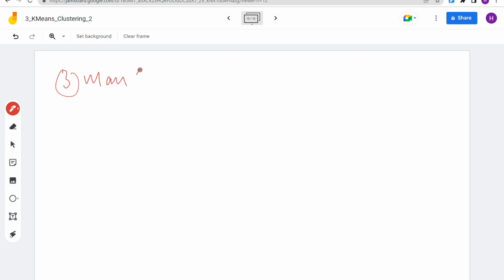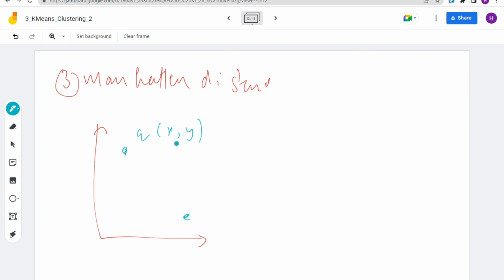Now next is Manhattan distance. Let's say these are your points. This is one point, this is another point. Let's say Q is x1 comma y1, and this is P, x2 comma y2. How will we calculate distance? First you move along the x-axis, then you move along the y-axis. Up to here, this is x1 minus x2, we take the mod, and here we do y1 minus y2 mod.